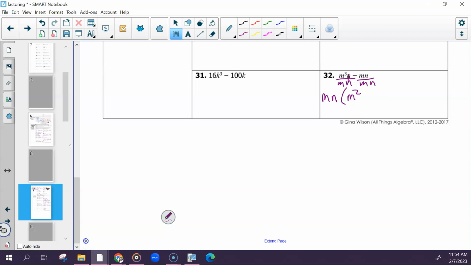It doesn't necessarily cancel out, but what number shows up? What invisible number? One. So then we have perfect squares. What would those factors be? M plus 1 is one of them, yep. And then the other?